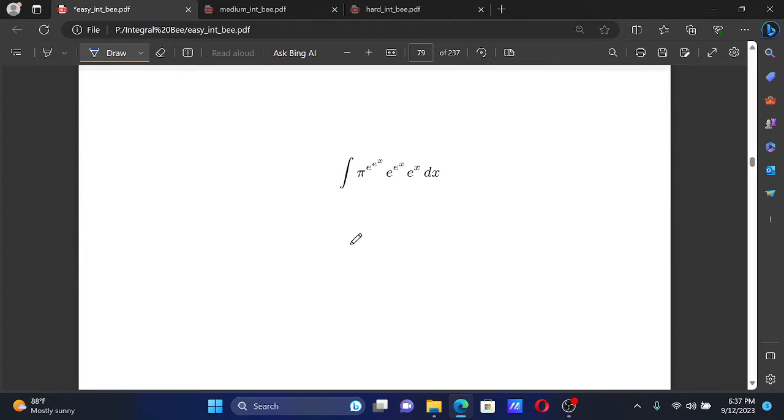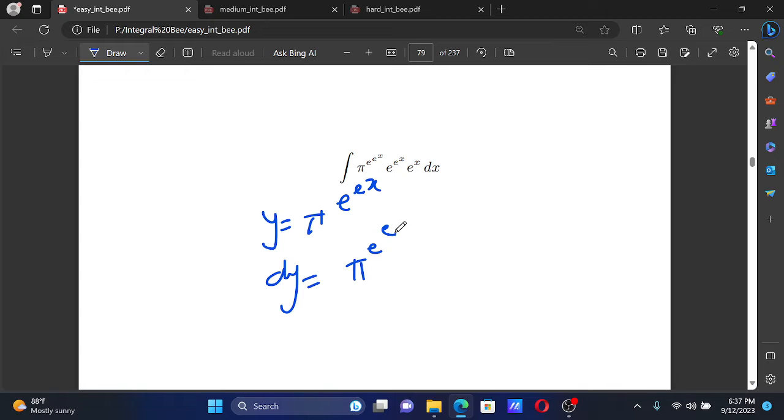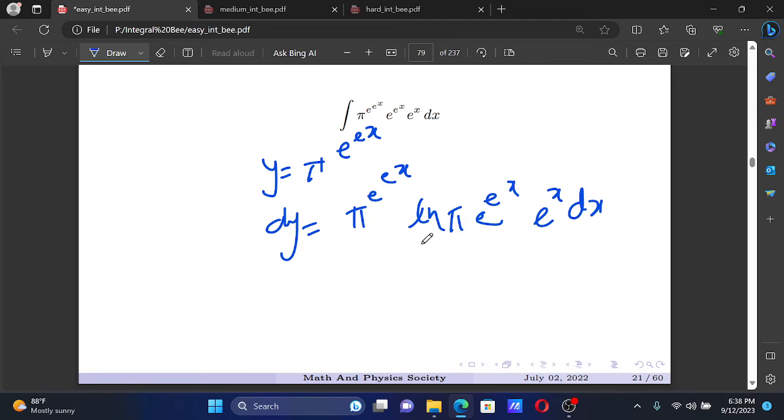So the next one. For this one, if we just let y equal pi times e to the power x, our dy equals pi times e to the power x times ln of pi, then e to the power x, then dx. So our dy by ln of pi is just this expression.